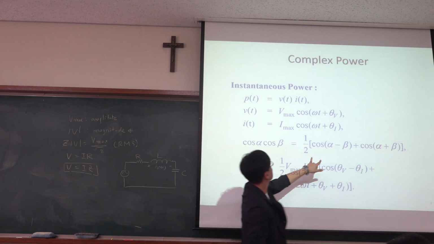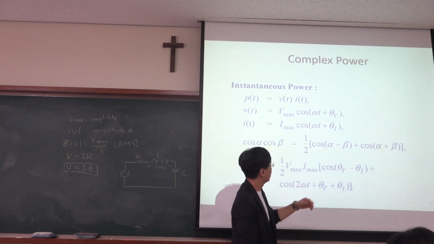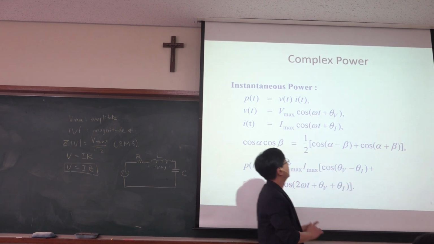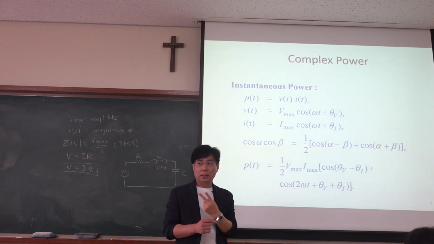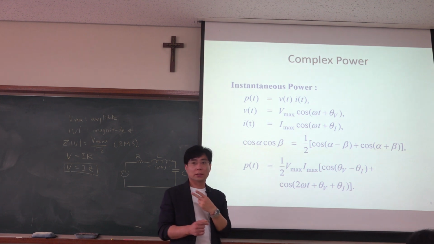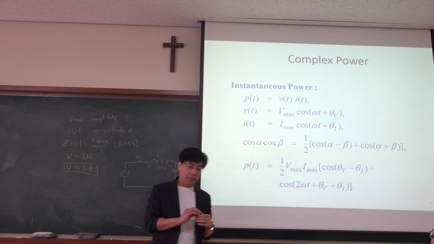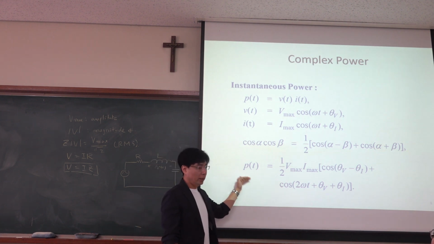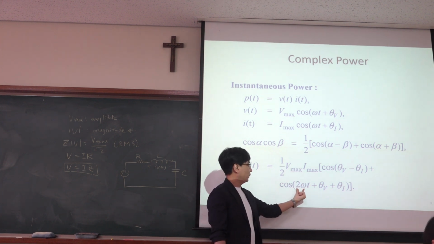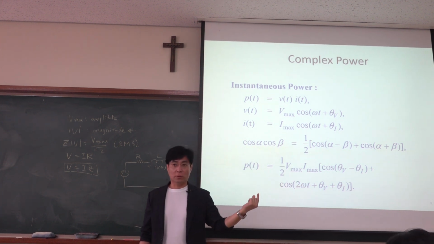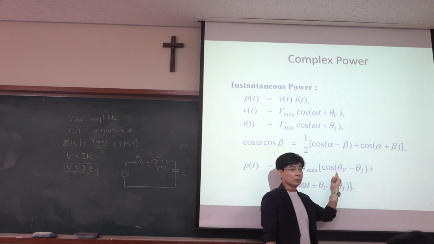The difference term of these two, this omega t and omega t, cancel out, so we have zeta V minus zeta I. And because of this term, we have 2 times omega t plus zeta V plus zeta I. This is interesting in the sense that our instantaneous power oscillates over time, but the frequency is twice as before. But also we have a constant component, this one.